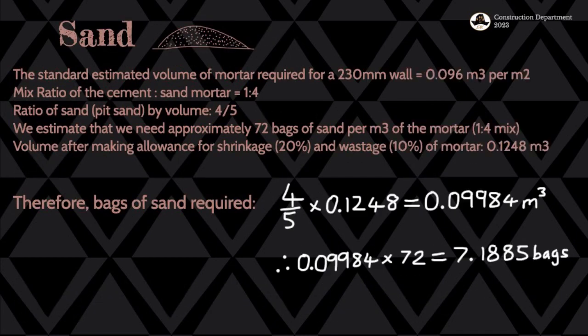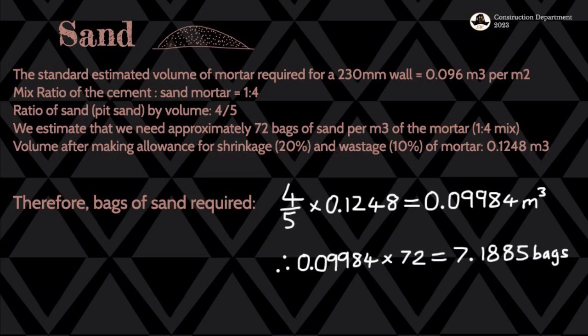Alright, then the sand part, we are going to use the same value, 0.1248, where you see that last statement, volume after making allowance for shrinkage 20% and wastage 10% of mortar, will be 0.1248 cubic meters per square meter.